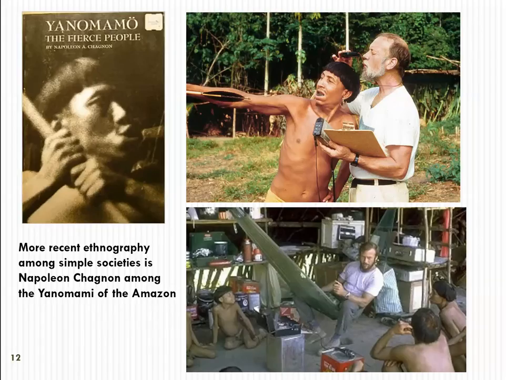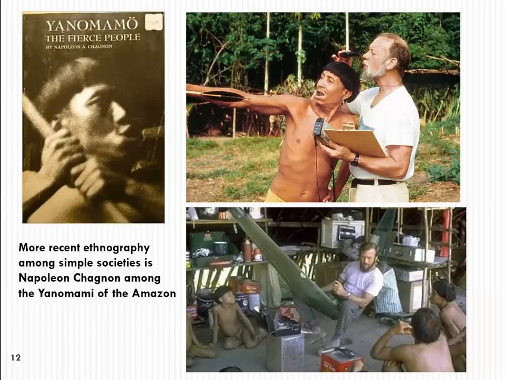In more recent times, in the study of simpler society, another famous work was by a man named Napoleon Chagnon, and he studied the Yanomami Indians of the Amazon, which really was northern Venezuela. Here the lower right shows him when he was much younger with the people, and up above here he is many years later still returning.